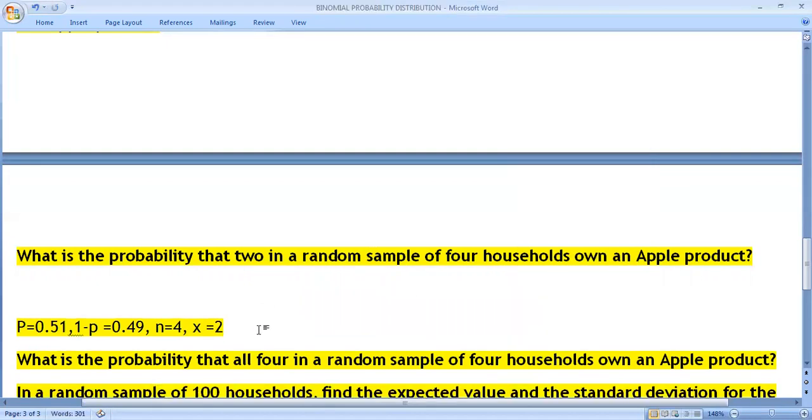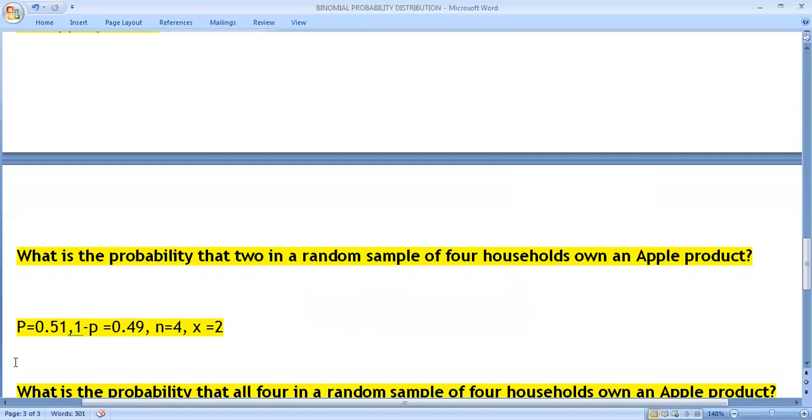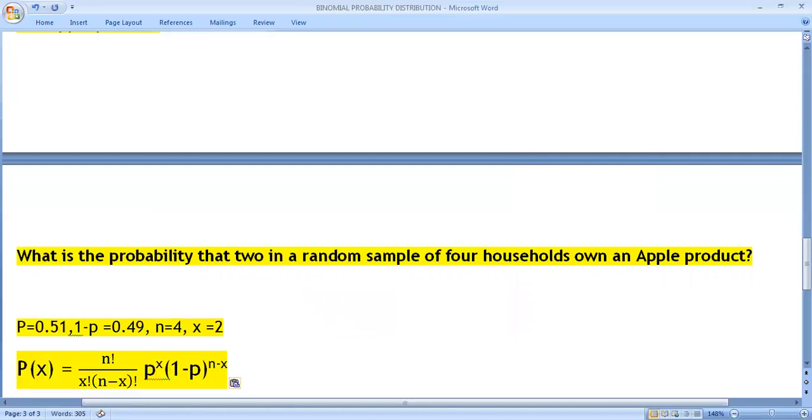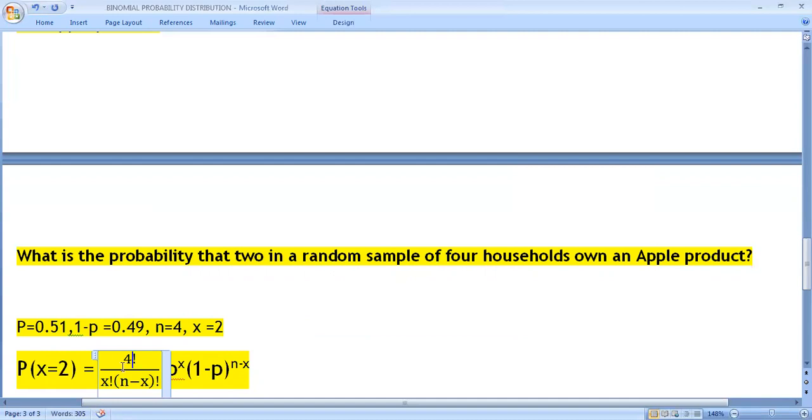So this is the formula to apply for us to be able to calculate that probability. So I'll say probability of X equaling 2 equals n factorial, that is 4 factorial, over X factorial, X is 2, n minus X factorial, n is 4, X is 2.